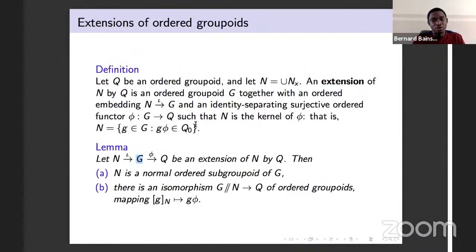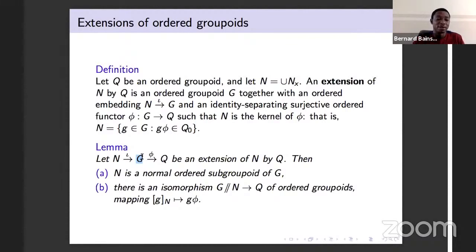So what we want to do is to transfer the extension problem that we had in groups into ordered groupoids. So that means if you have another group G prime that can sit at this point, can we define an ordered functor between them? Is it going to be an isomorphism? If it is, then you're going to have some certain classes of extensions of ordered groupoids.